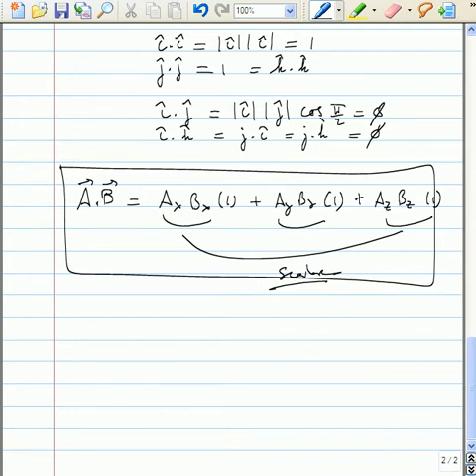Okay, so in general, when you take a dot product of two vectors written in component notation, all you have to do is multiply every term that is alike. So multiply all the i's together, all the cross terms will go to 0. So multiply all the i's together, all the j's together, all the k's together.